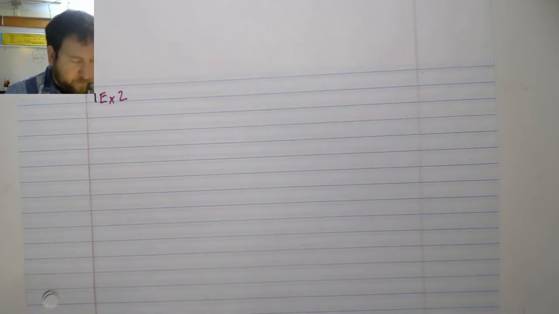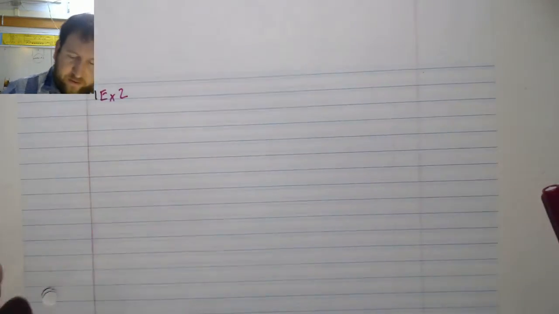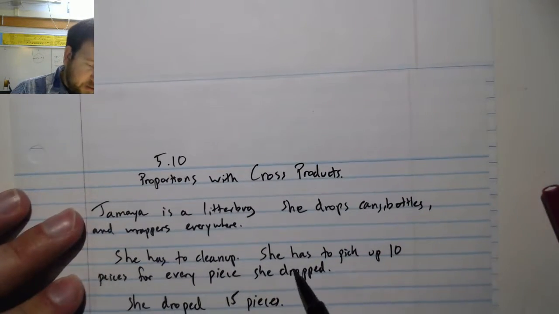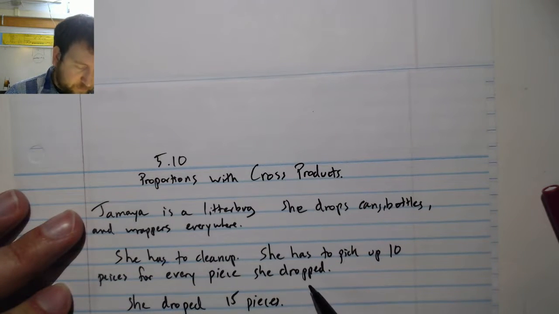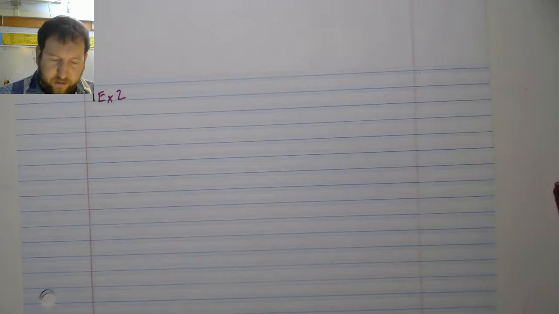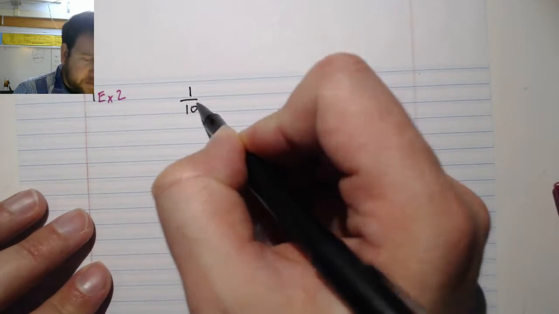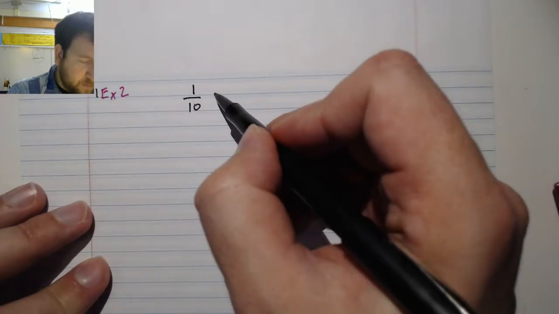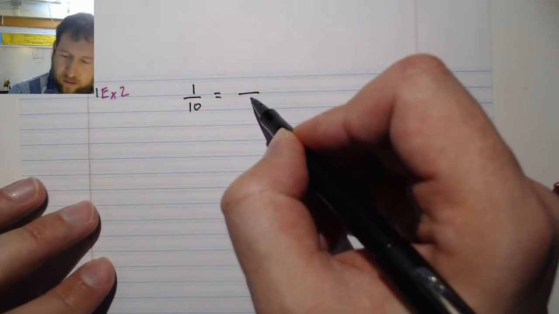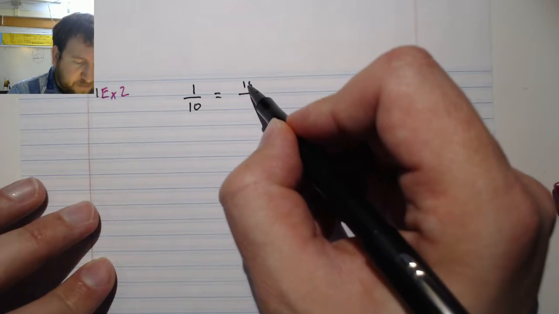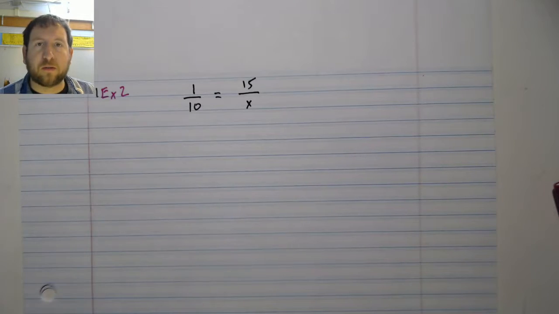Example 2. All right, we know that she had to pick up 10 pieces for every piece that she dropped, and she dropped 15 pieces. So for every piece that she dropped, she has to pick up 10. And the question is, she dropped 15 pieces. How many pieces does she need to pick up?